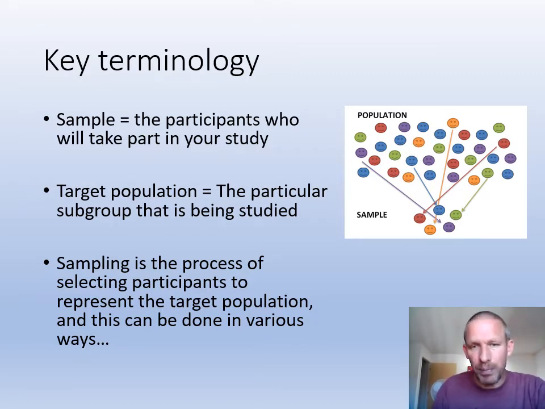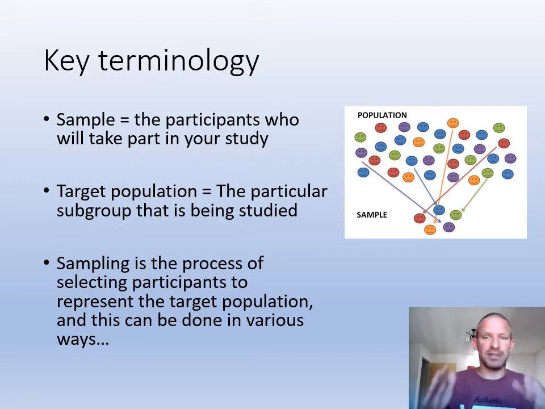Now, target population, this is the group that the sample is taken from, and in theory, you want your sample to represent the target population so that you can generalize your findings. There's no point having a small group from the population that don't reflect the population as a whole.